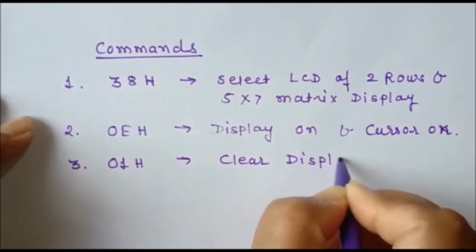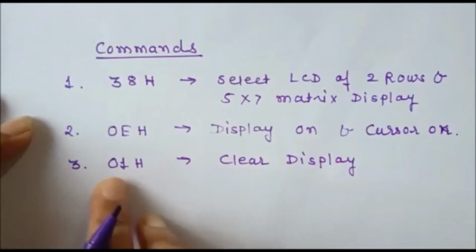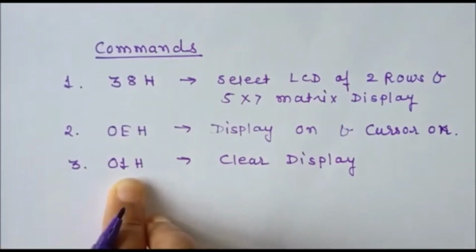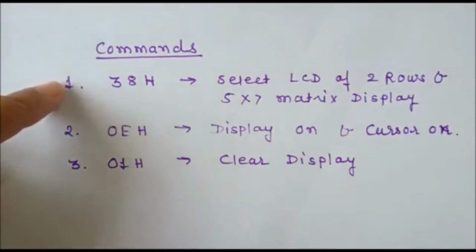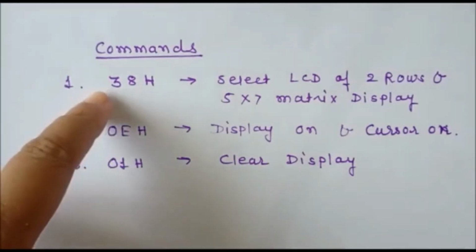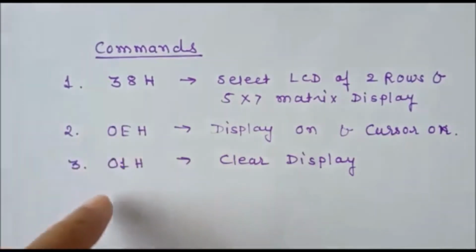So before displaying any data on LCD, we can send this command to clear the previous data displayed on the LCD. So generally we use the same sequence when we write a program for LCD. First we'll send 38H, 0EH and then 01H.